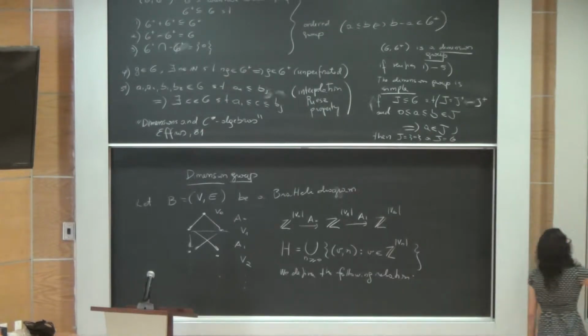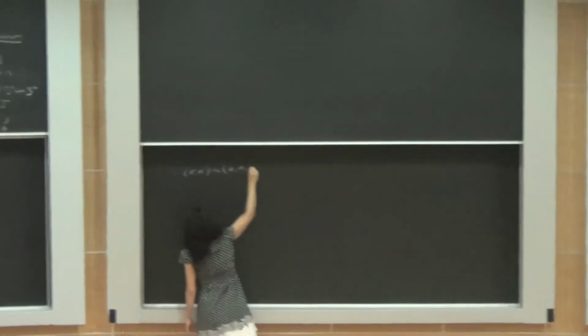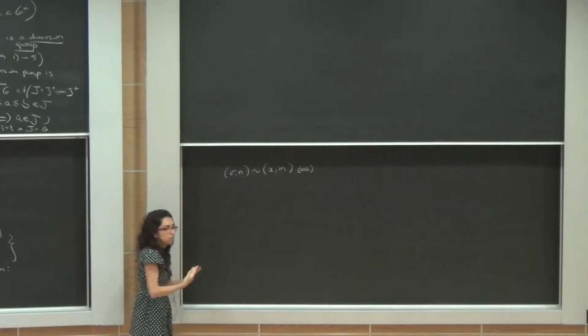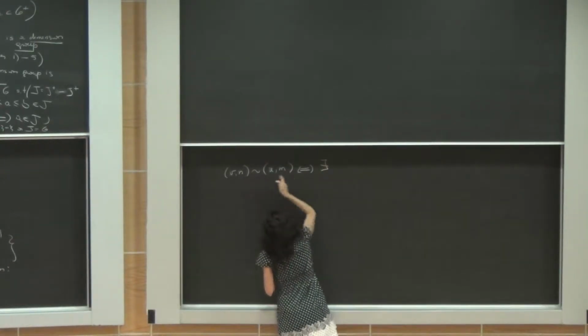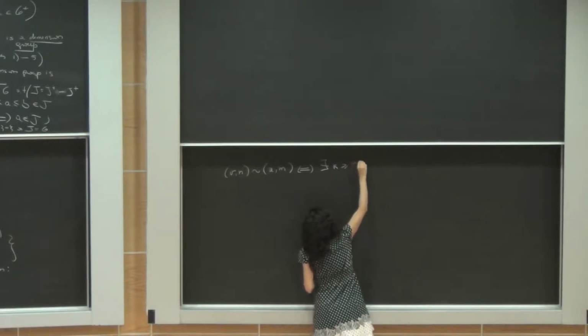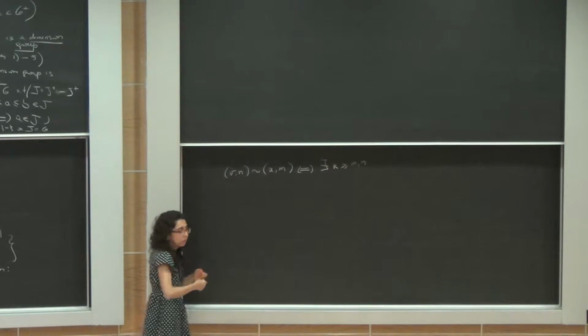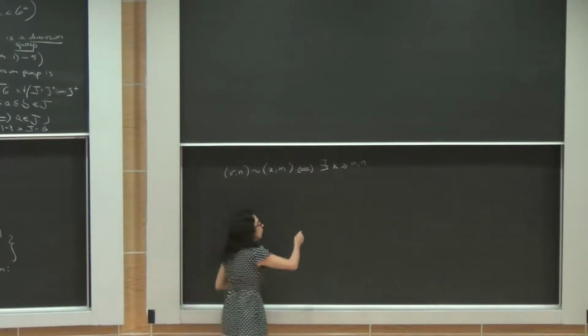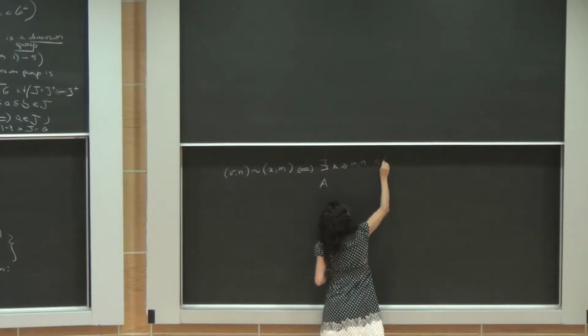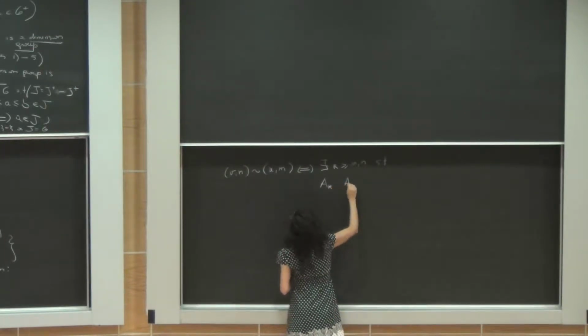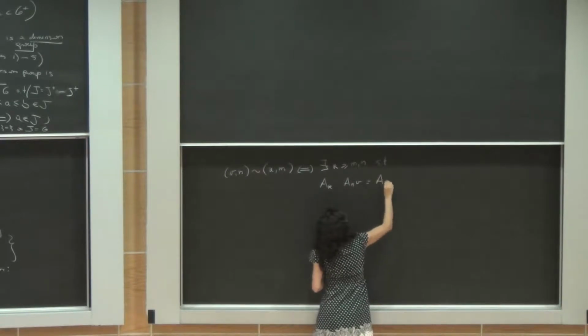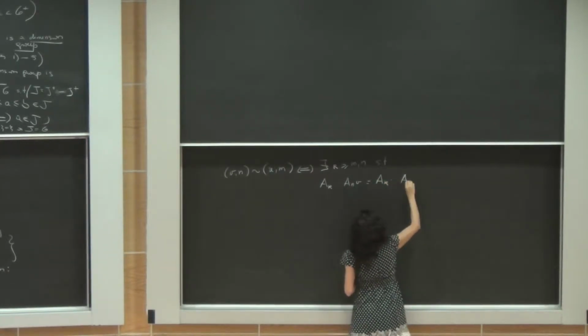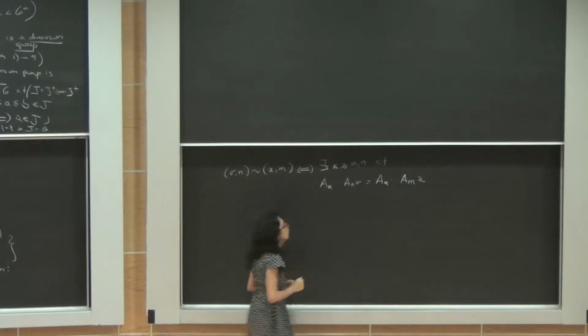We are going to say that the pair (v, n) is equivalent to (u, m) if and only if for some k bigger than n and m, when we apply the transformations to v and u in the step k, we arrive to the same place. This is the relation. So we identify pairs like this.